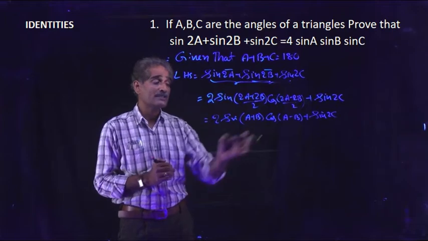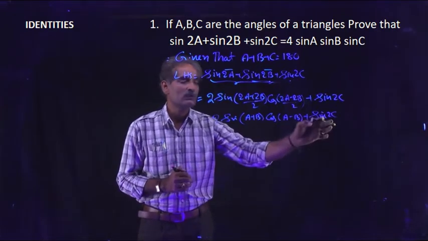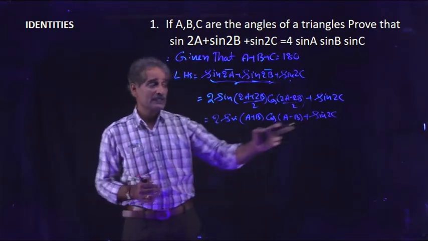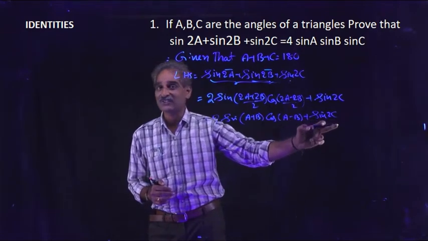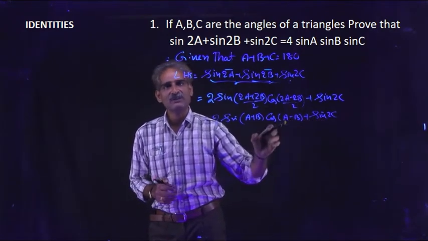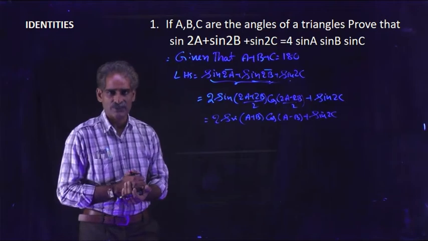How can you apply it? Here there are two terms and there only one term. So we can write sin 2C as a product of two terms, 2 sin C cos C, so that we get a common factor in sin C plus sin D or cos C plus cos D form.